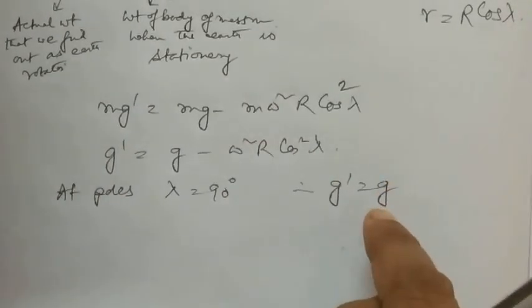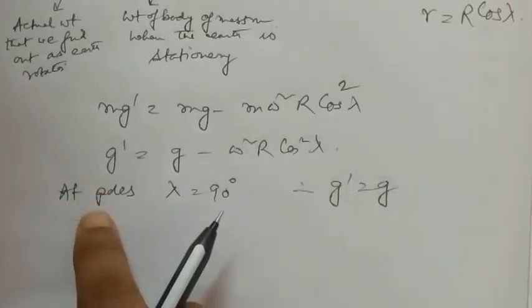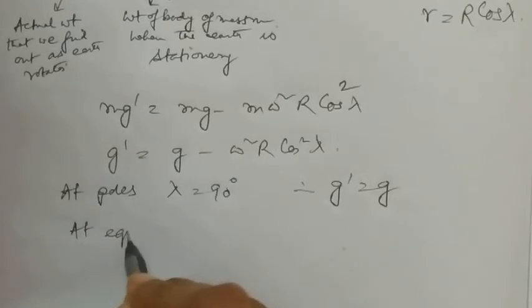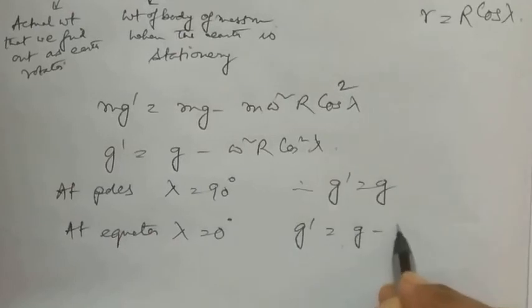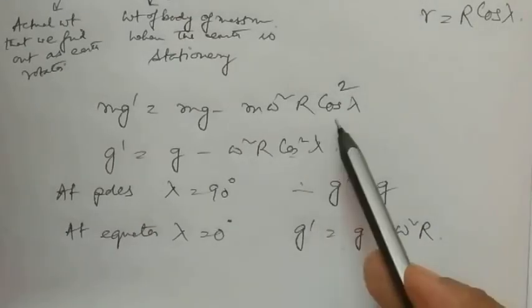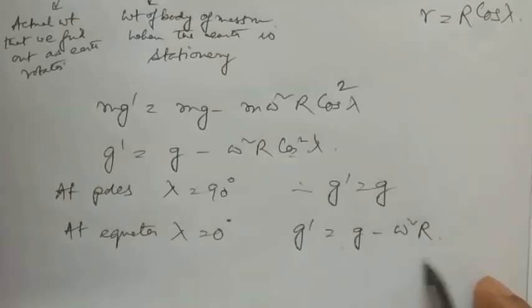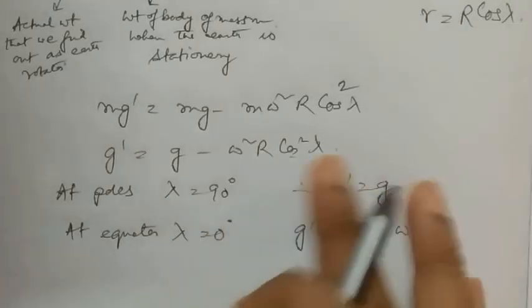But at the equator, lambda is equal to 0 degrees, so g dash is equal to g minus omega square R. The value of cos lambda is 1 for lambda equal to 0, the maximum value of cos. So the subtracted part is maximum, omega square R, when lambda is equal to 0 degrees.